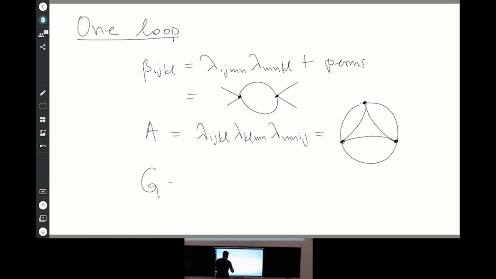This metric is just delta ijkl mnpq, which I can denote by just 4 lines. It doesn't do anything but relabel indices. So it's trivial at one loop. Here's the A, here's the G, and the flow is gradient. Of course, it's not unique because I can rescale things, but the point is that I can do this. So let's go to 2 loops.